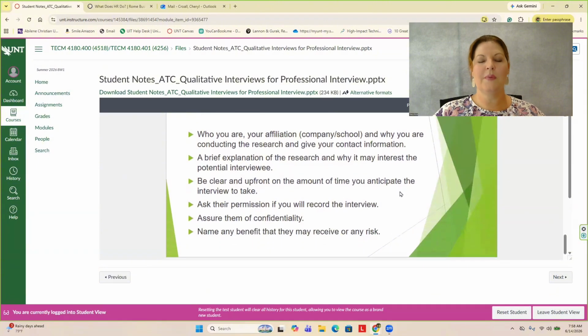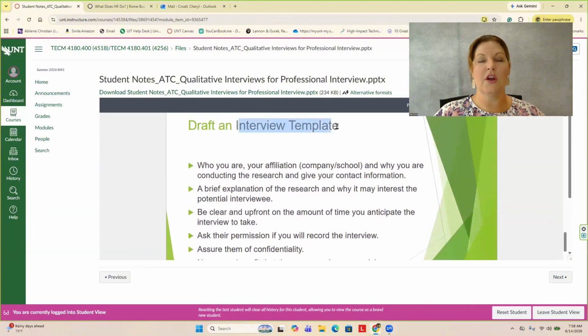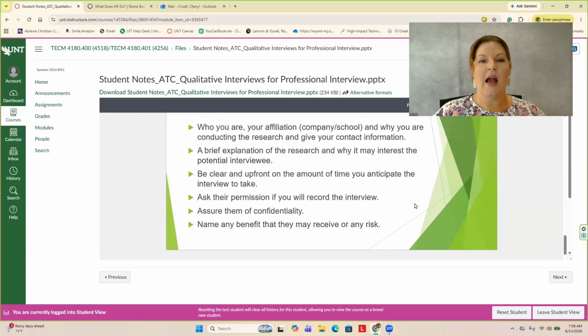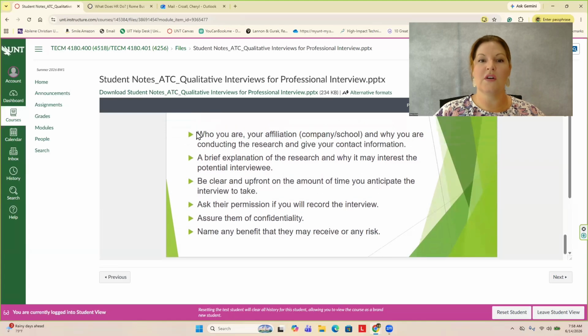Now, in composing your interview template or your interview guide, this is your script that you are going to write out. So when you get to your interview, you're ready to go, you're organized, polished, and prepared. So here are some materials that you may want to include. This is more thorough for different types of research. For example, the last point: name any benefit they may receive or any risk.